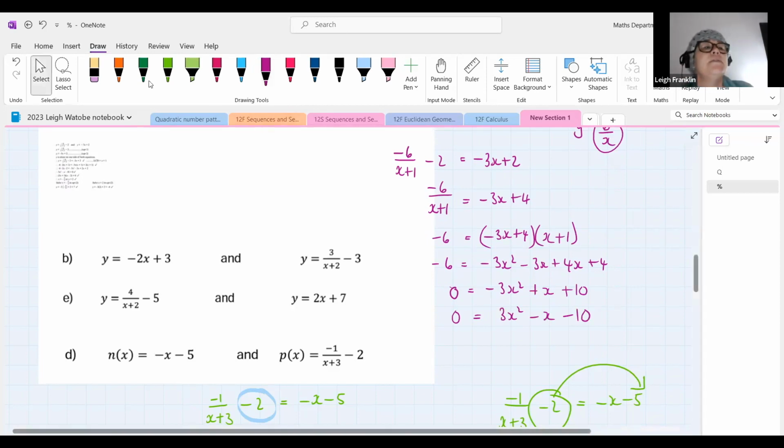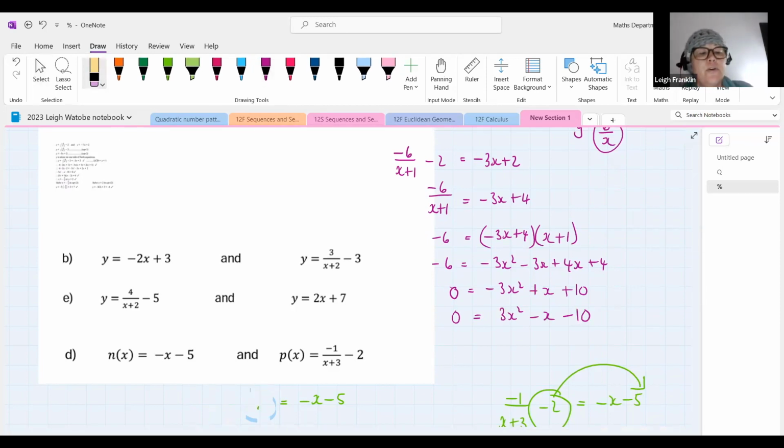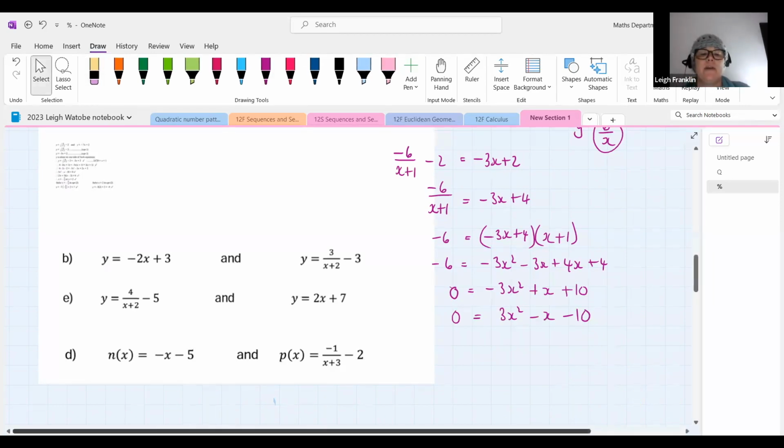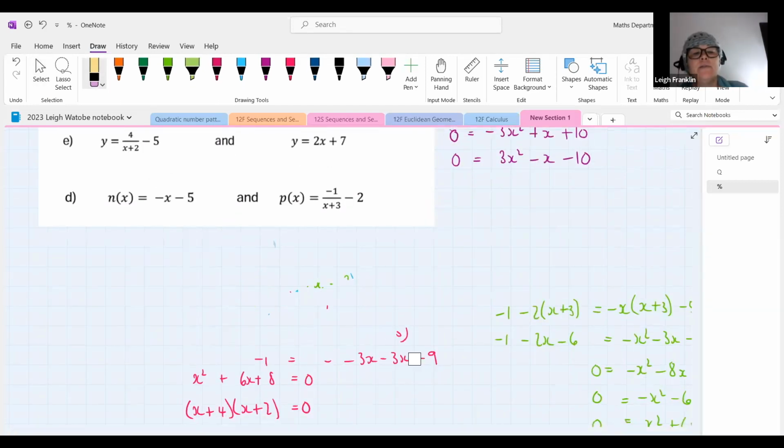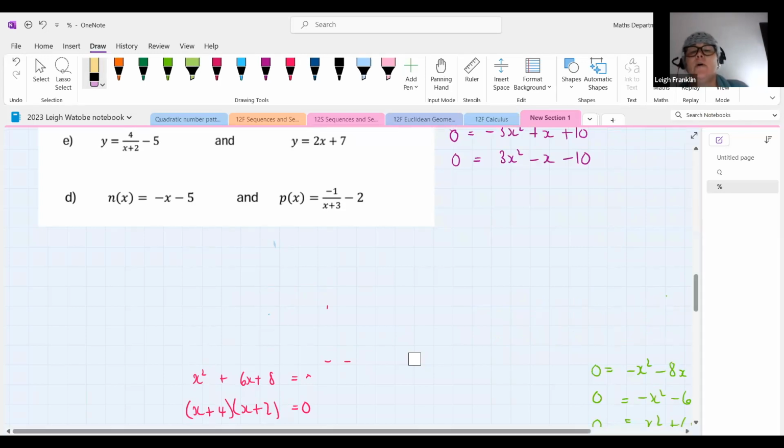So at this point, you can either use the quadratic formula or you can factorize. The choice is yours. Just clear a bit of space here.